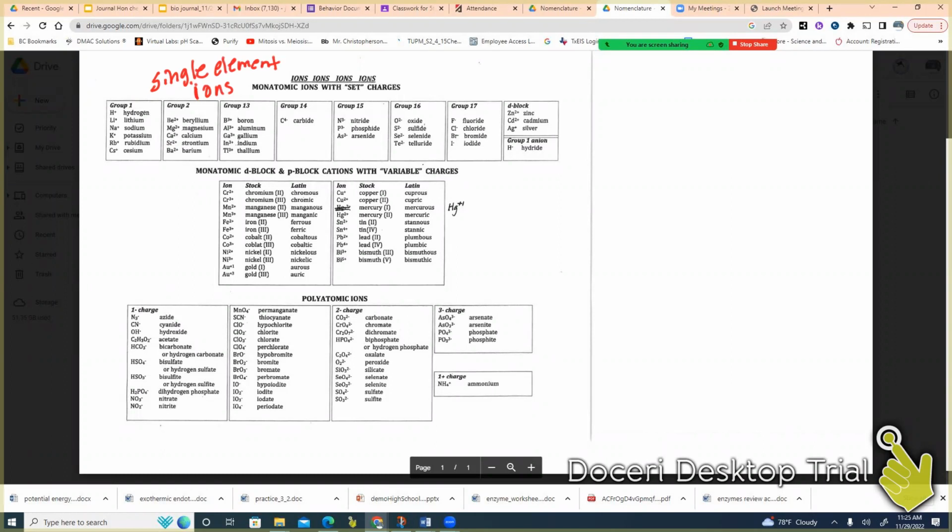So if you look at the first three sections, those are all your positive. And most of them have a positive sign, which looks like an X. And then the next four are going to be the negative single ions.